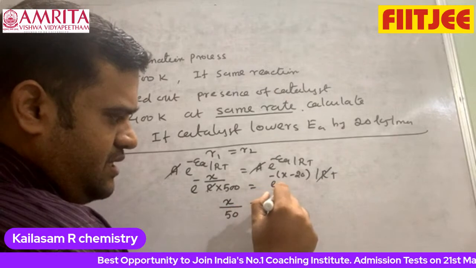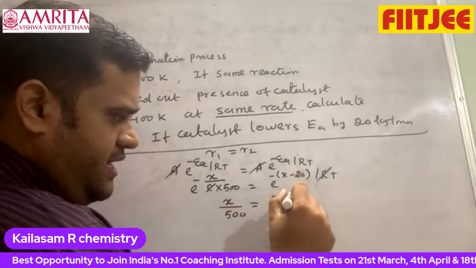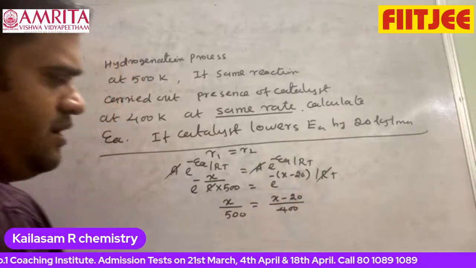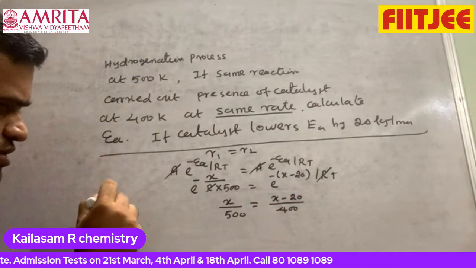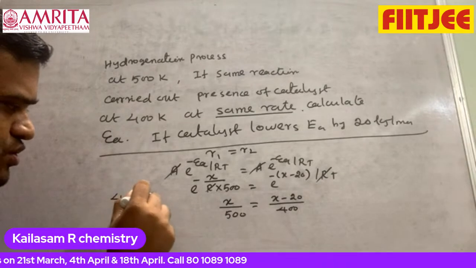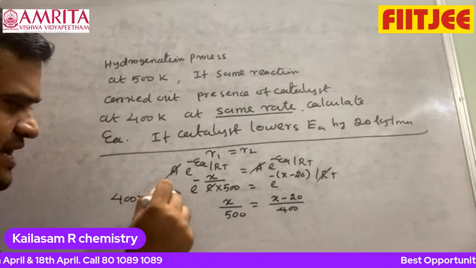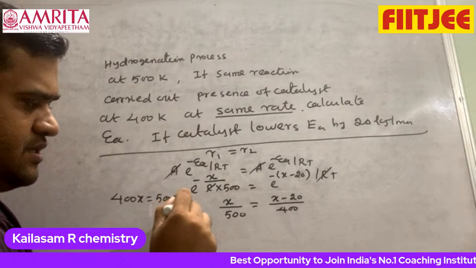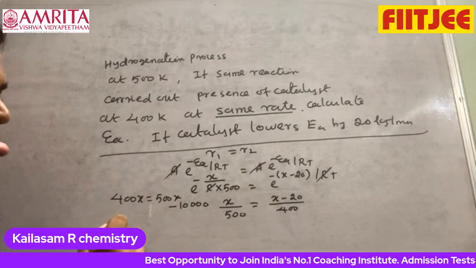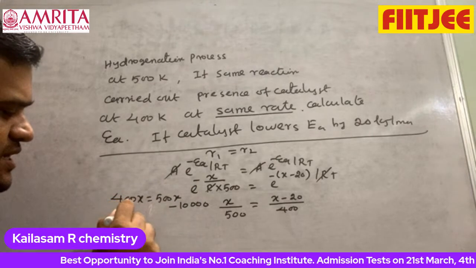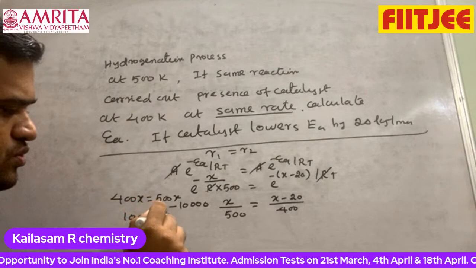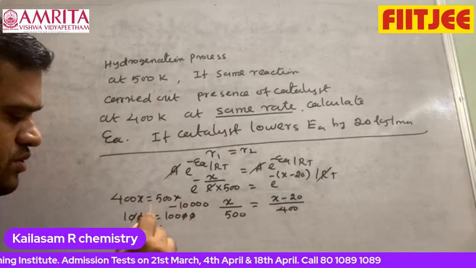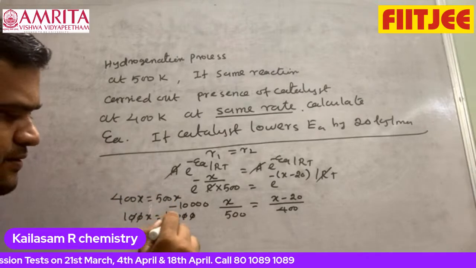equals X minus 20 by 400. Now what I am going to get is 400X is equal to 500X minus 10,000, so 100X is equal to 10,000, so X is nothing but 100.